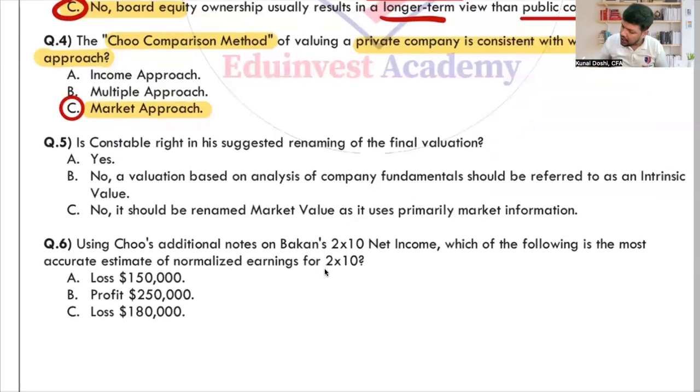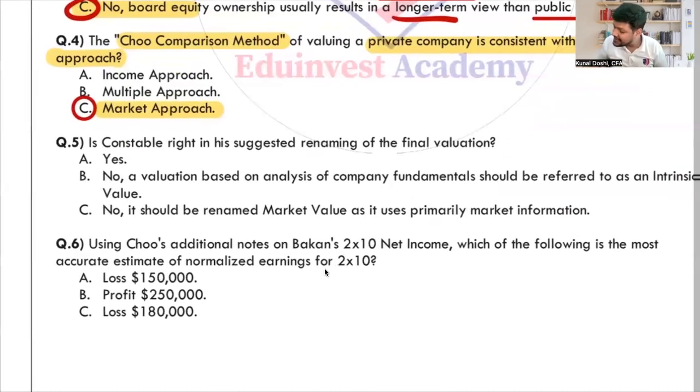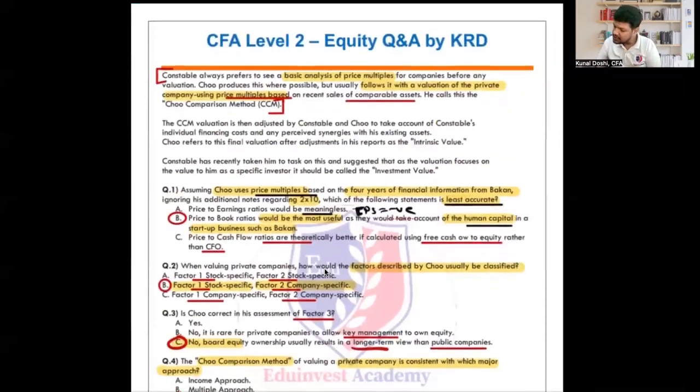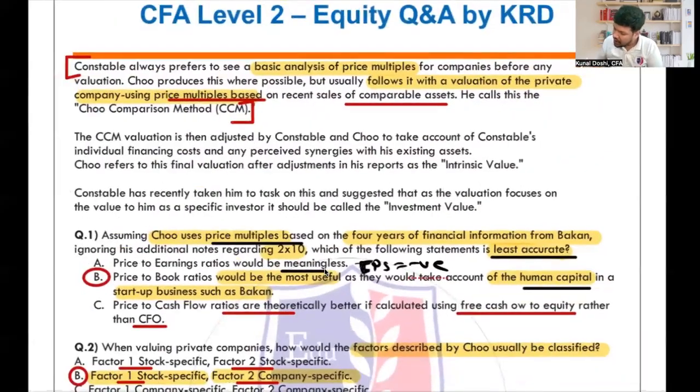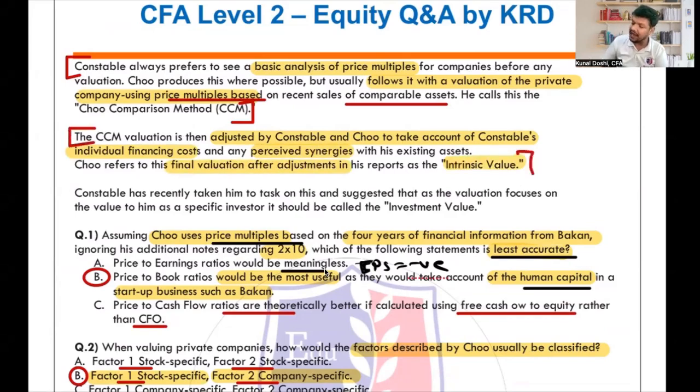Yes. Is Constable right in his suggested renaming of the final valuation? What is he trying to rename? CCM valuation is then adjusted by Constable, and Chu takes into account Constable's individual financing cost and any perceived synergies with existing assets. Chu refers to this final valuation after adjustment in his report as intrinsic value.